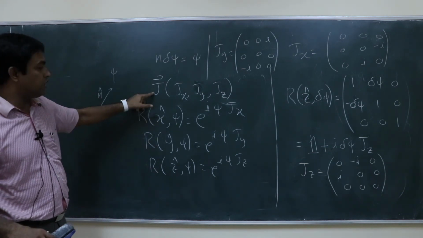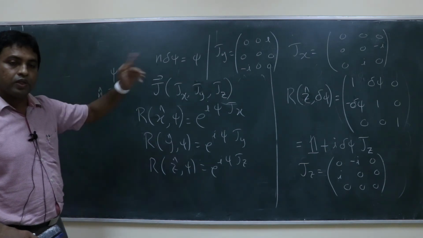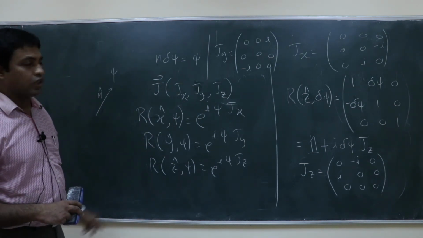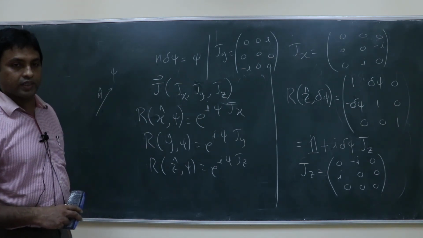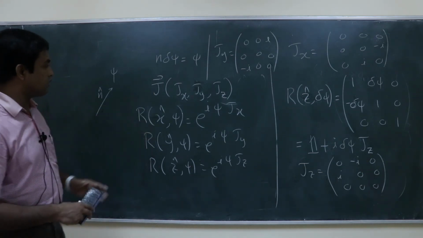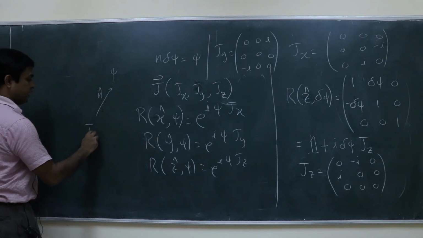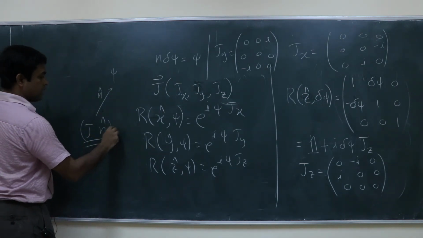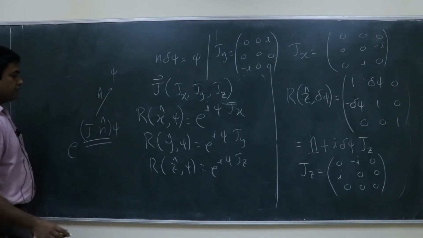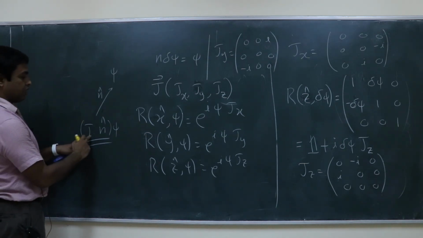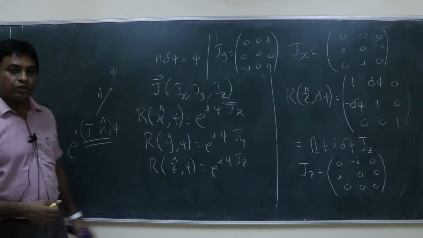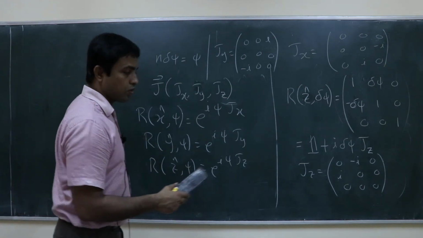So j also follows the same transformation equation, whatever you do for ordinary vectors. Because of that reason, e power i psi j dot n will give you a general rotation. We will start from this tomorrow.